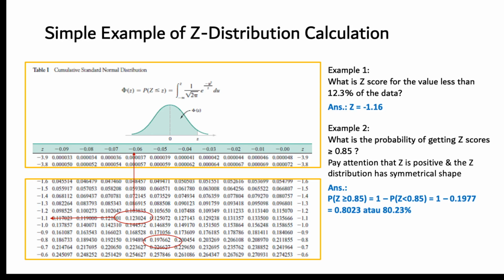You just have to find the probability number that is closest to it, then read the z-value to the first decimal in the left column and the second decimal in the top row. The answer is minus 1.16. The second example is to determine the probability of getting a z-value greater than 0.85. Please refer to the explanation on this slide for your own practice.